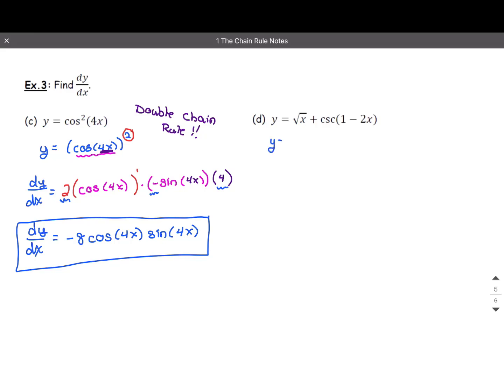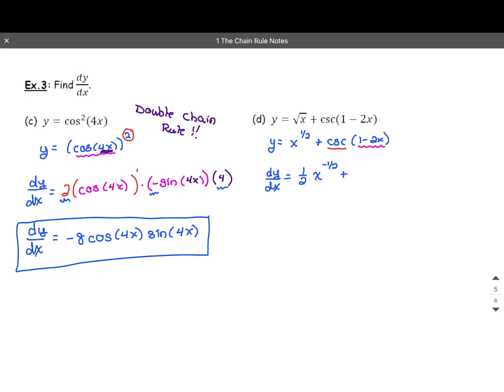Let's also take a look at the next one. Again, before you take this derivative, remember the square root of x is really x to the 1/2. Cosecant of 1 minus 2x. All right, the derivative of y is dy dx. The derivative of x to the 1/2 is bring down the exponent, keep the x, subtract 1, so it's negative 1/2. Now, if we look at cosecant, cosecant is on the outside and the inside is the angle.